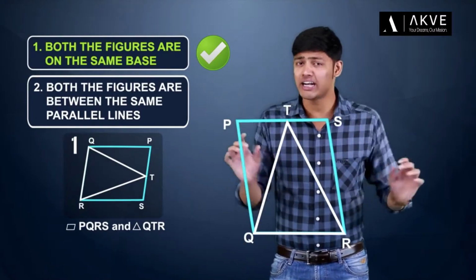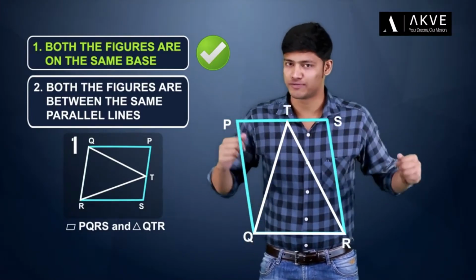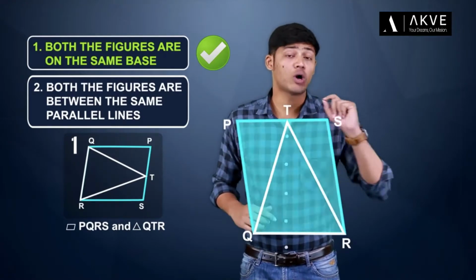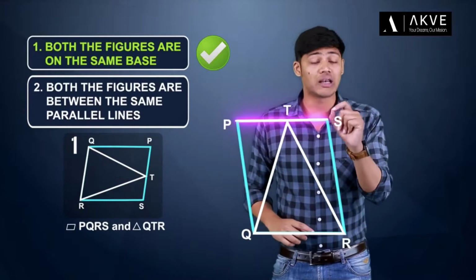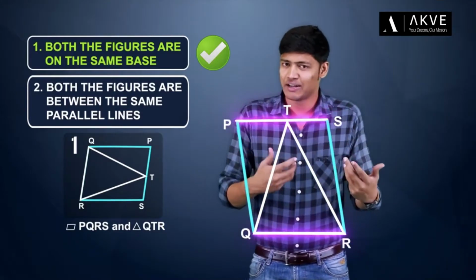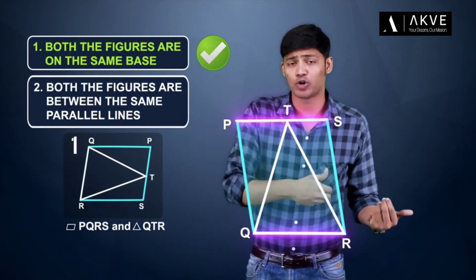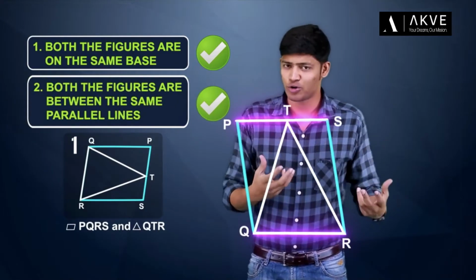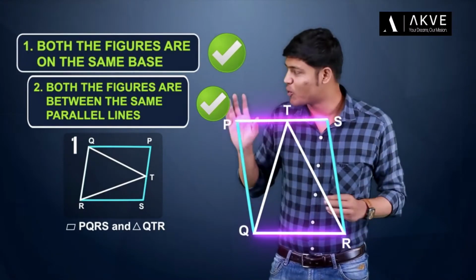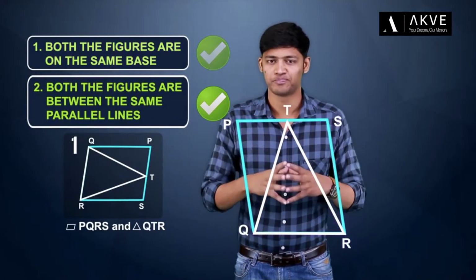Now, even the second observation is true for both these figures, since PQRS is a parallelogram, which implies that PS is parallel to QR. And we can clearly see that both the parallelogram and the triangle lie between these two line segments. So, for these two figures, both the observations are true.